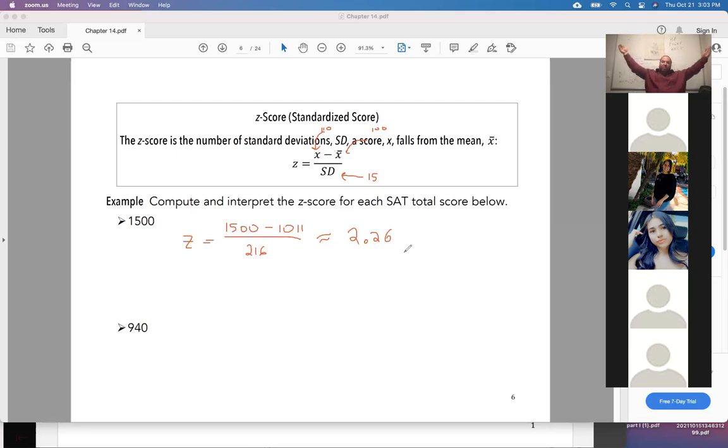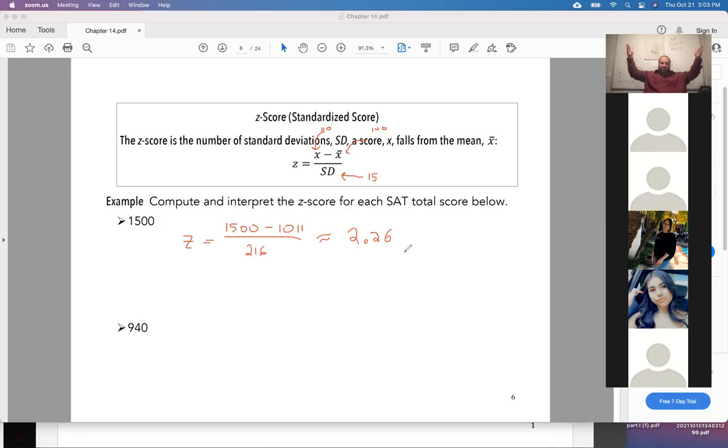Because just getting 2 deviations either above or below the mean is what percent of your data points? What percent of your data points are between 2 below and 2 above? 95%. So forget about reaching 2.26, 95% are just between -2 and 2. And then you have the ones that are way down below on that side.